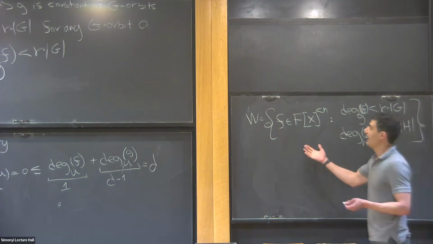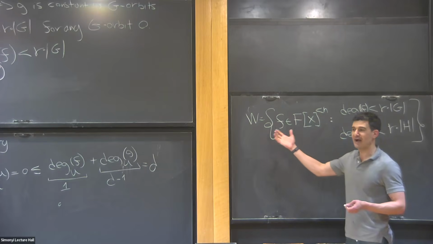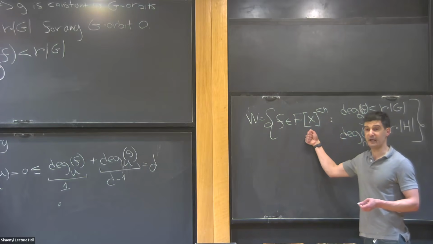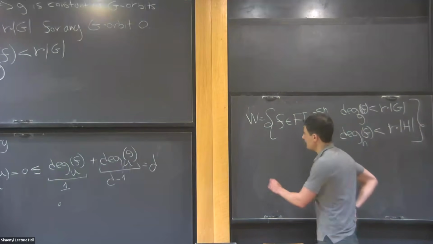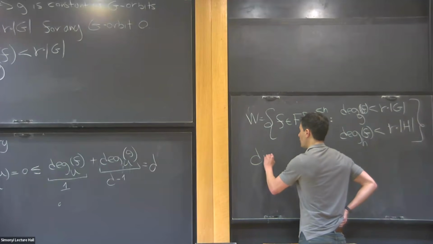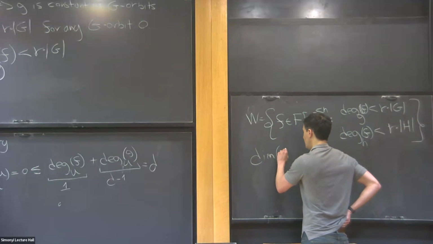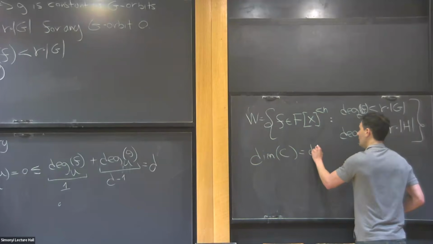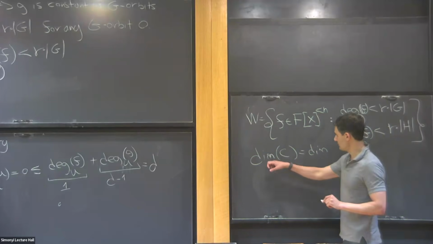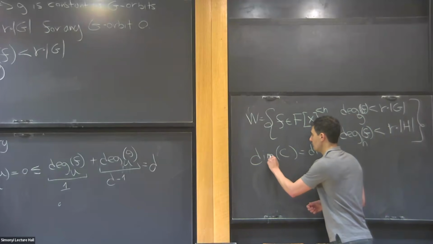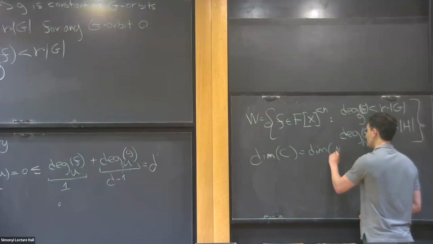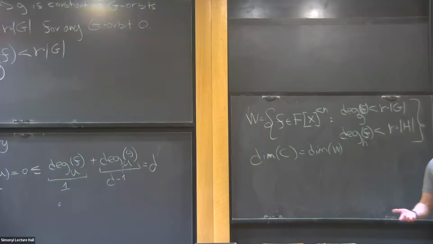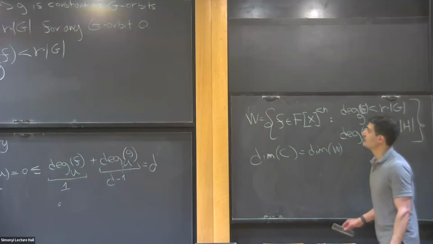Basically what we are evaluating are polynomials in this space. Since the mapping is injective, the dimension of the code that we're after equals the dimension of this subspace W. I'm trying to understand what the dimension of this subspace is.